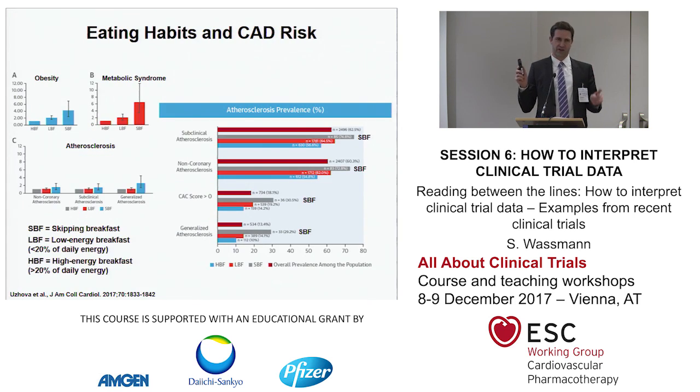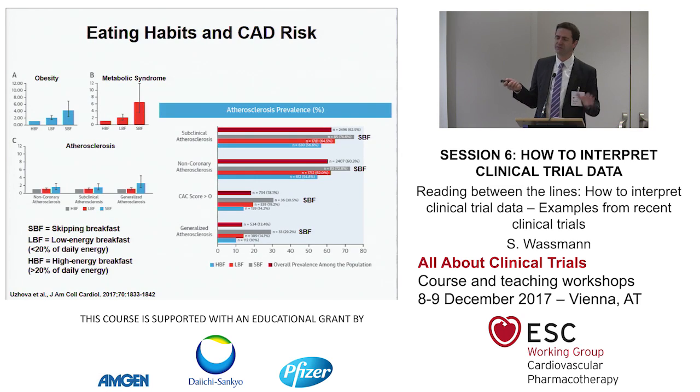So if you think you can change your body weight by skipping breakfast, I have to tell you that's not a good idea. This great paper checked out morning eating habits: skipping breakfast, having a low energy breakfast, or a high energy breakfast, which is more than 20% of the daily energy.